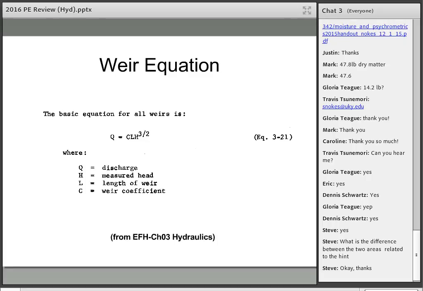It's going to be some kind of coefficient times the length of the weir times the head, which is the depth of water above the weir before it starts to be a curved surface as it flows through the weir itself. So it's a distance upstream, and you measure the height of water above the weir elevation. I'll show you a diagram here in a second.